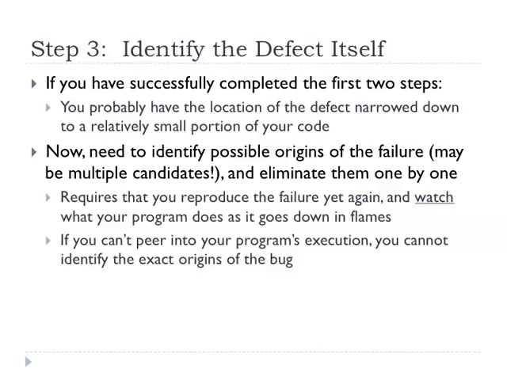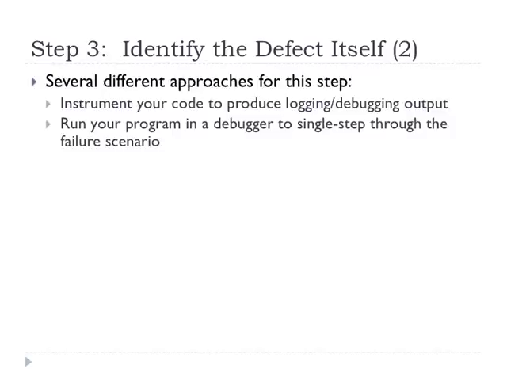There's a couple of different ways that you can actually observe what is going on in your program as it executes. But you have to be able to see how the state is being processed to identify the cause of the defect. You could either instrument your code or you can run your program in a debugger. Actually, both are used professionally. We don't put printf lines in the program. We put logging statements so you can enable and disable, and you can send to rolling log files and stuff like that.